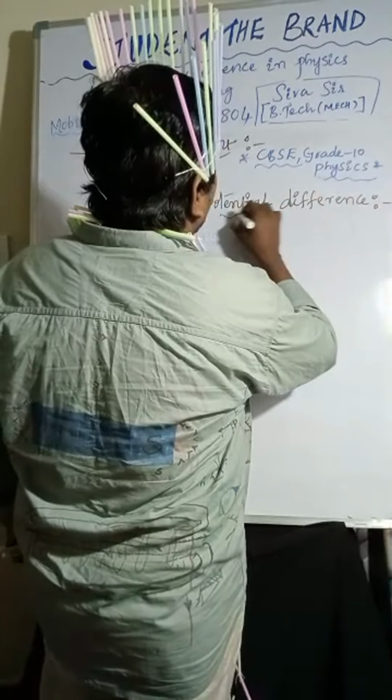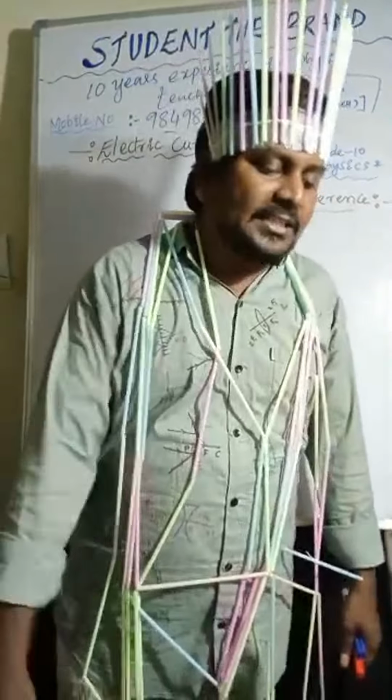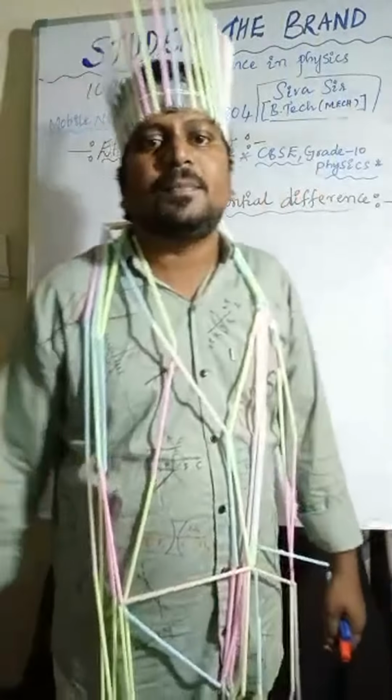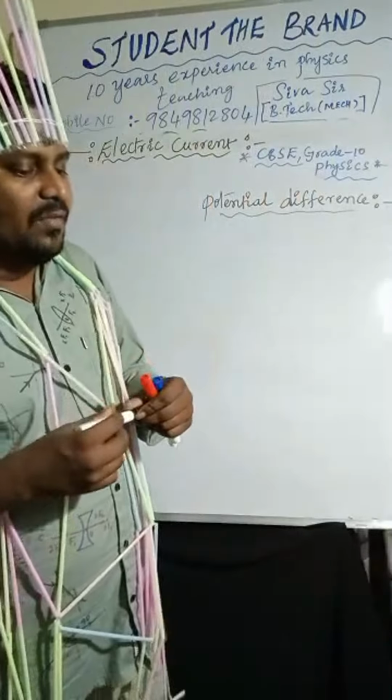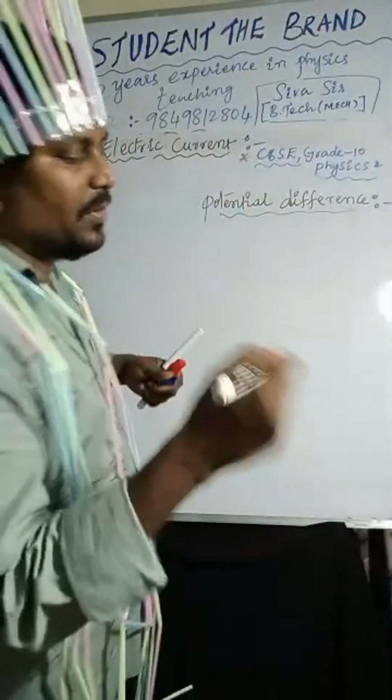So potential difference is nothing but work done to bring unit positive charge from one point to another point within the conductor.